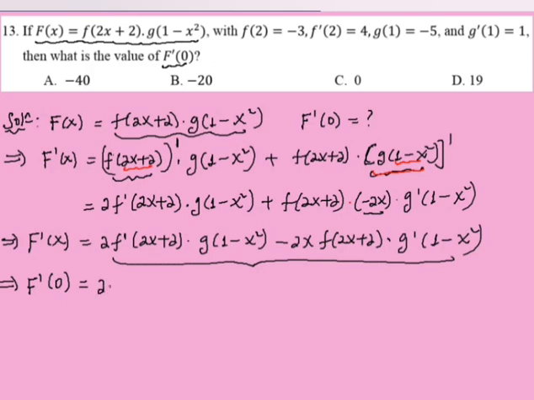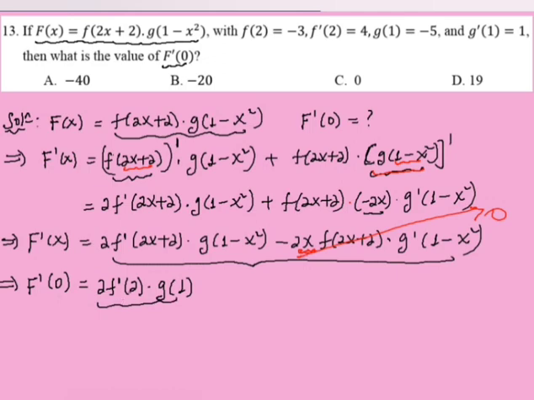So this becomes 2 times f prime at 2 times g at 1. Due to this x, the whole second term becomes 0. When we take x equals 0, everything there becomes 0. Therefore, the derivative of F at 0 is this result.